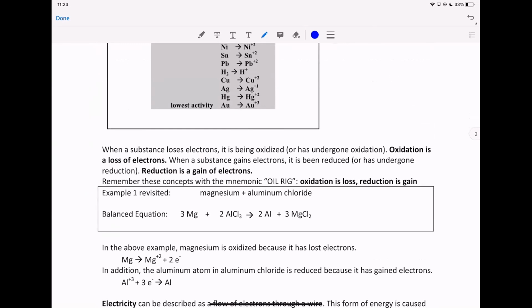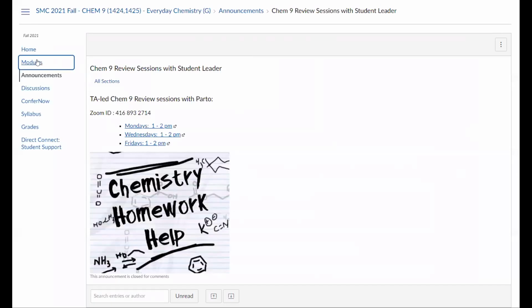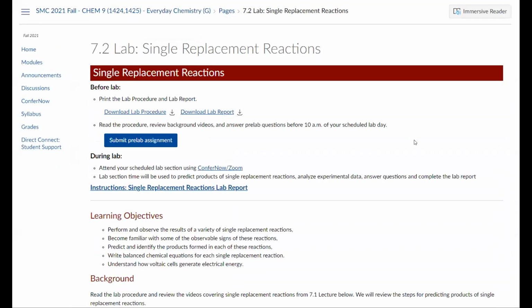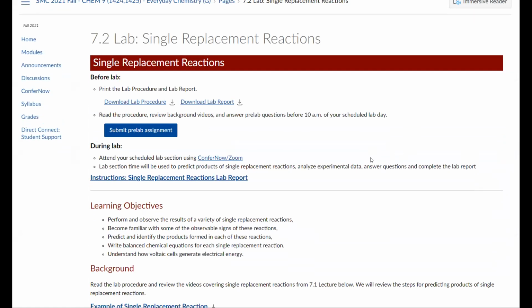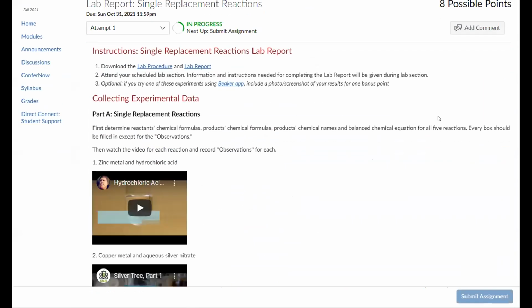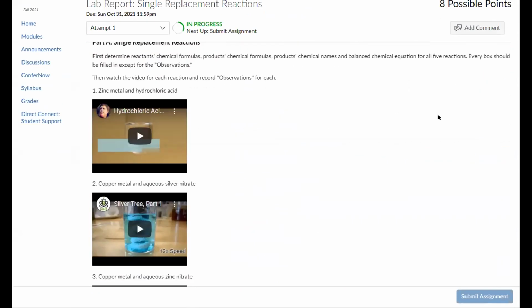Okay, so first let's find the lab page. This is in module 7, single replacement reactions. So this is the lab page. On the lab report submission page, clicking on here, this is where you will find all of the experiment videos.